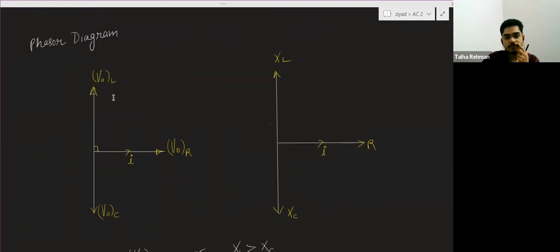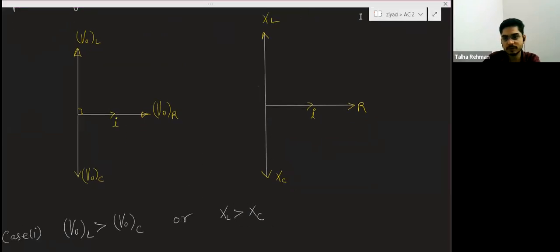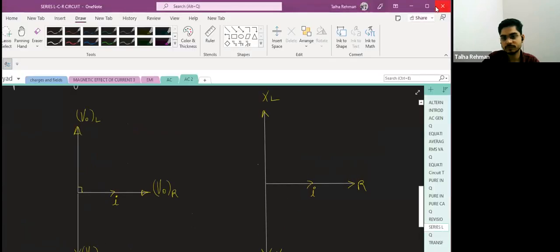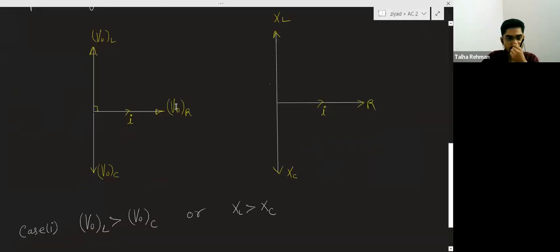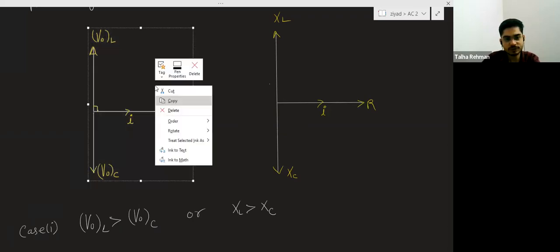Now in this diagram, what they are saying is V naught L is greater than V naught C. So we can modify this diagram. See, this is looking like two vectors acting in opposite direction. So we will modify this.